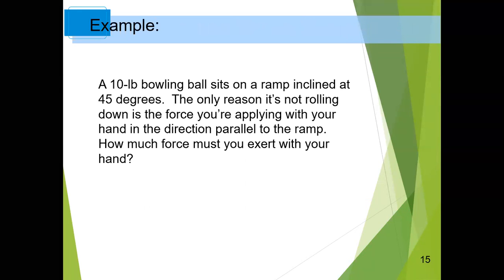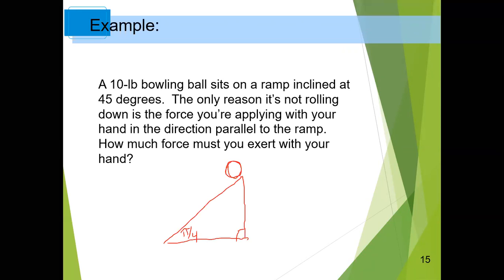And here's a typical problem you might have. A 10-pound bowling ball is on a ramp inclined at 45 degrees. So here's a ramp. You just draw this thing. And this thing is supposedly inclined at 45 degrees, which is pi over 4, yeah? So here's my bowling ball right here, and this thing weighs 10 pounds.